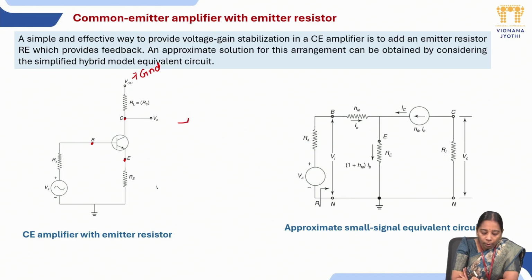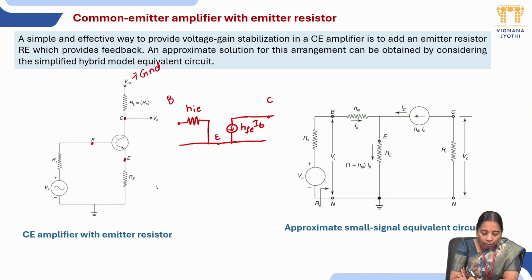Approximate model means we will have only HIE and HFE IB, as we have eliminated HRE and HOE. So now mark the connections: it is base, emitter and collector.